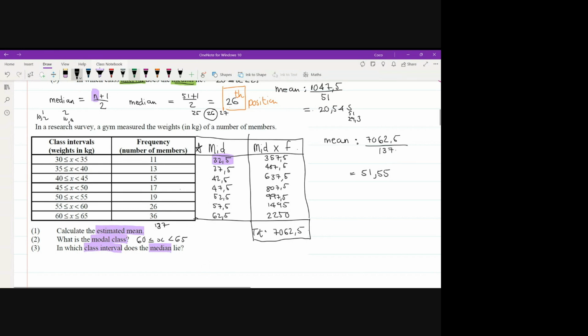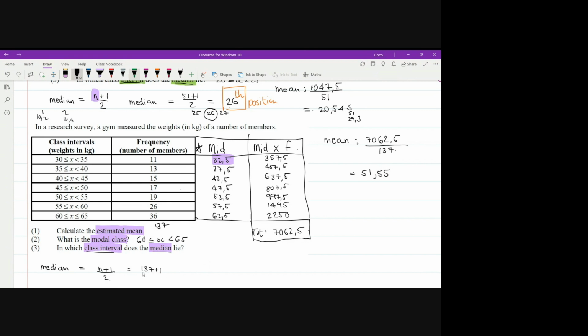All right, then they want to know what is the class interval where the median lies? Now let's talk about that equation again. The median is going to equal n plus 1 divided by 2. Right, so we're going to take 137 plus 1 divided by 2, right?